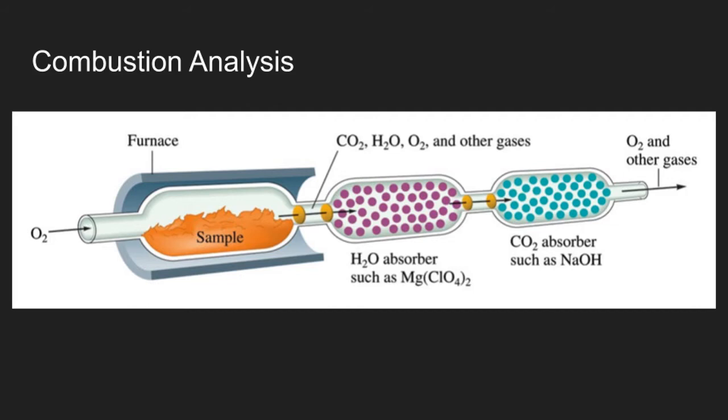And then the increased mass of the water absorber and the increased mass of the CO2 absorber will allow us to figure out what mass of water was produced and what mass of carbon dioxide was produced. If there's only one other element in the compound that was combusted, the difference in masses will allow us to determine the mass of the leftover element as well.